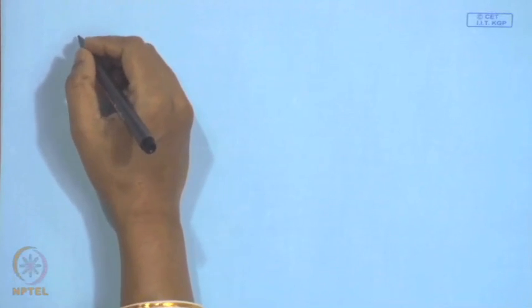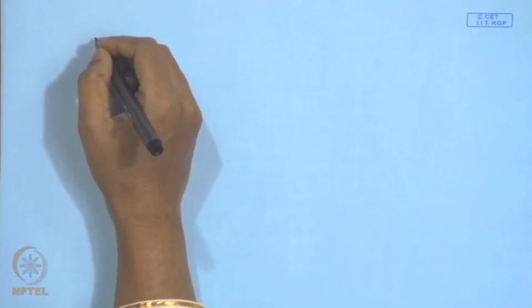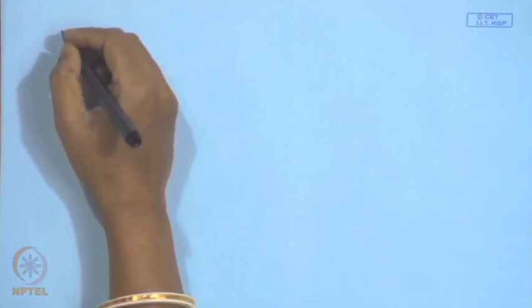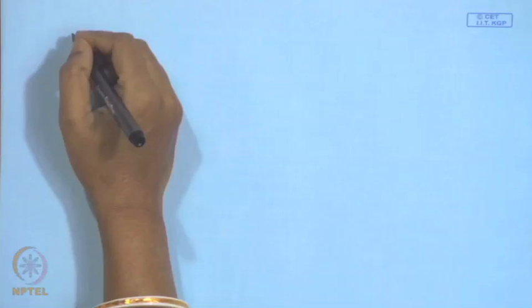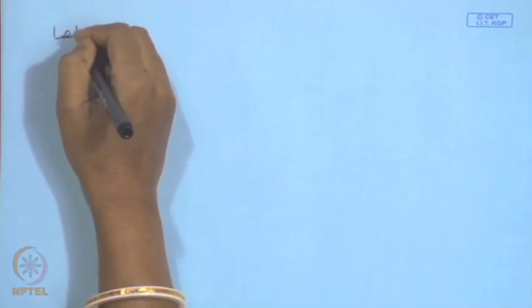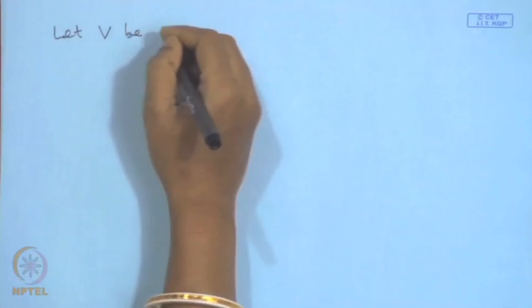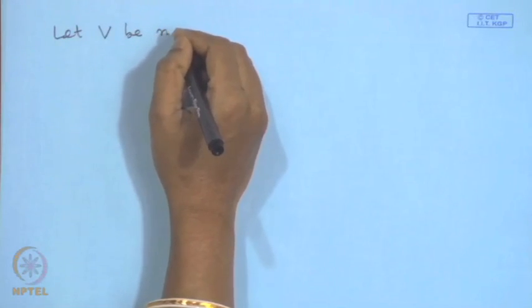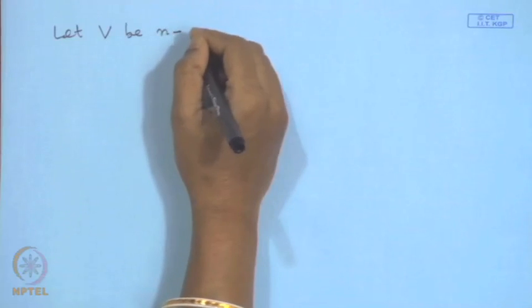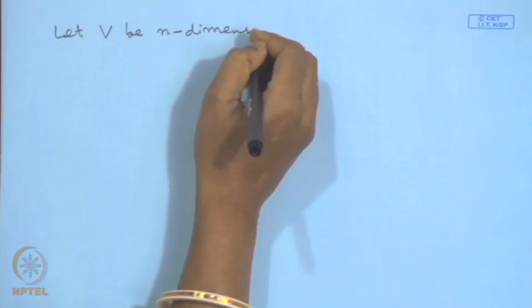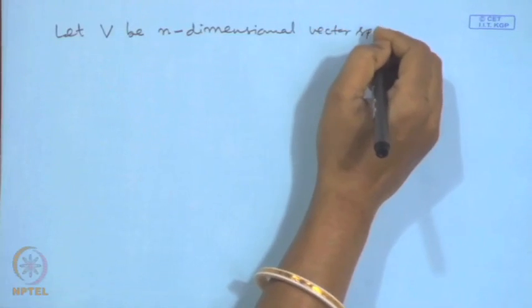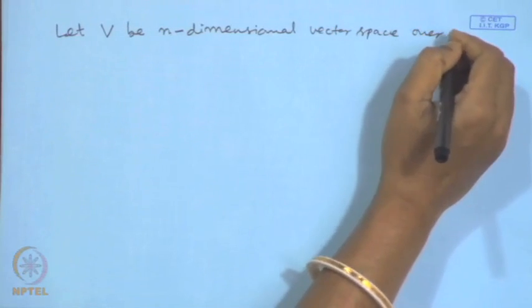Here recall that, let V be an n dimensional vector space over F.